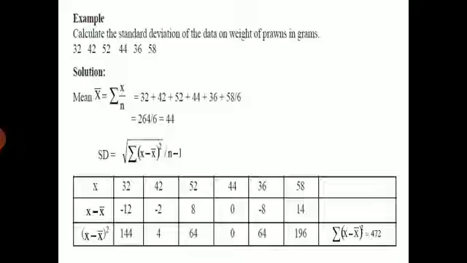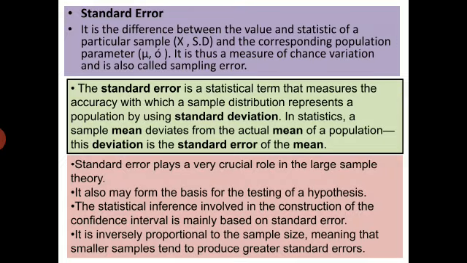So basically you learn how much the deviation is from the mean value. How much it deviates plus minus around the mean, that is the 9.7. So next is the standard error.